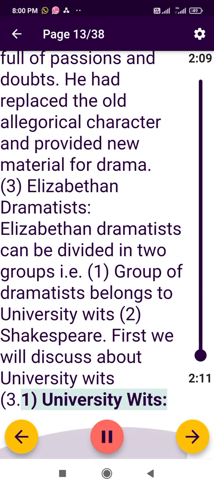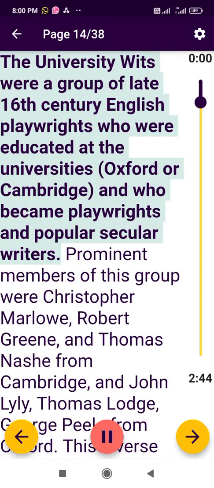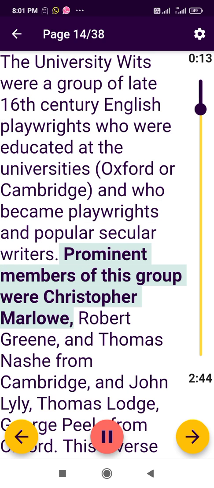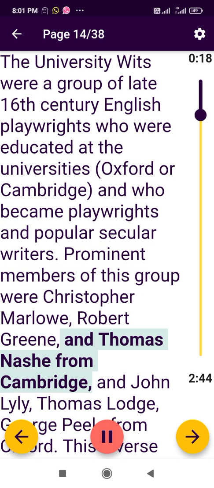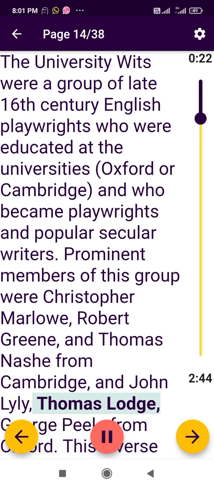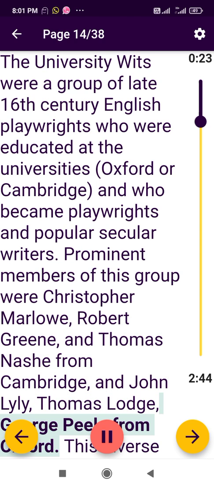3.1. University Wits. The University Wits were a group of late 16th century English playwrights who were educated at the universities, Oxford or Cambridge, and who became playwrights and popular secular writers. Prominent members of this group were Christopher Marlowe, Robert Greene, and Thomas Nashe from Cambridge, and John Lyly, Thomas Lodge, and George Peele from Oxford.